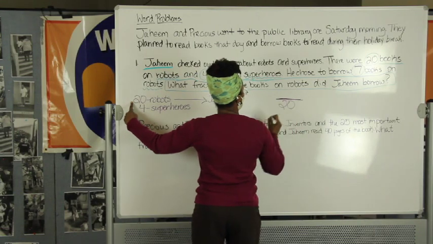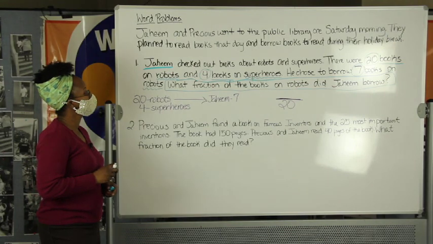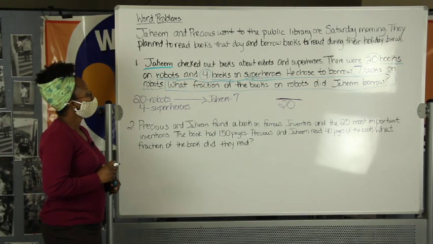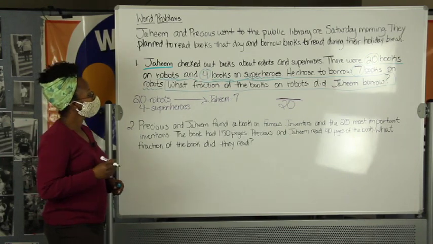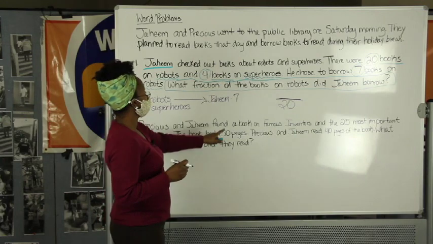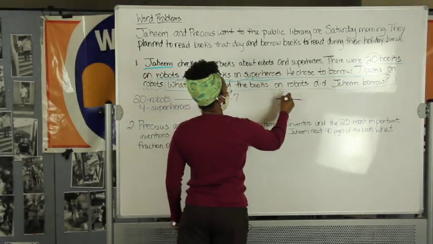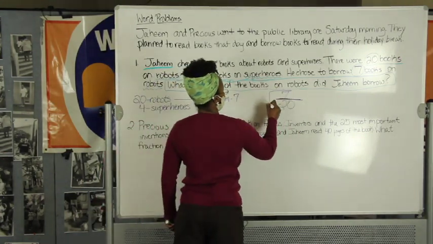That's how many books we have in all. Now, because they want to know how many books Jahim borrowed, that's going to be our top number. So how many books did he borrow? 7. And there you have it. There is your answer right there.